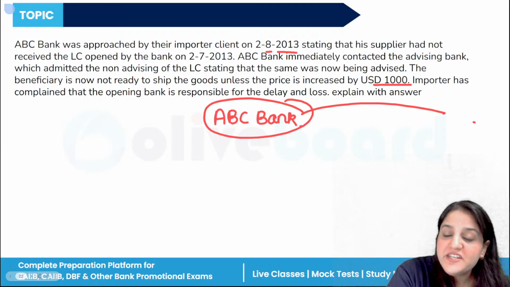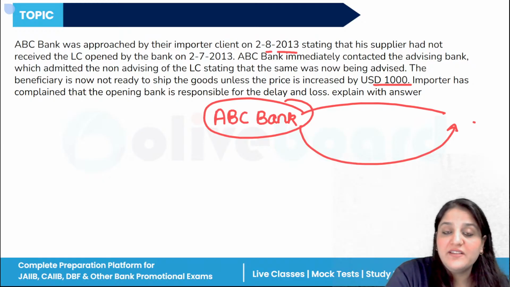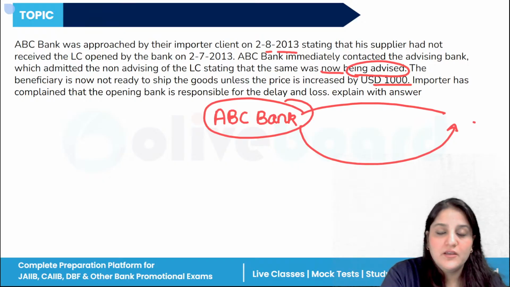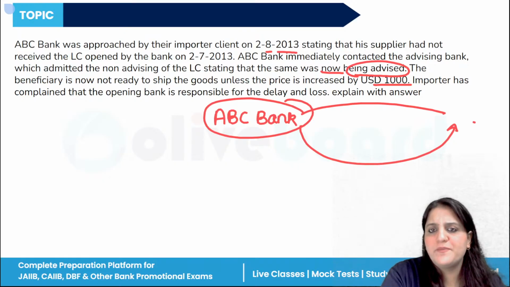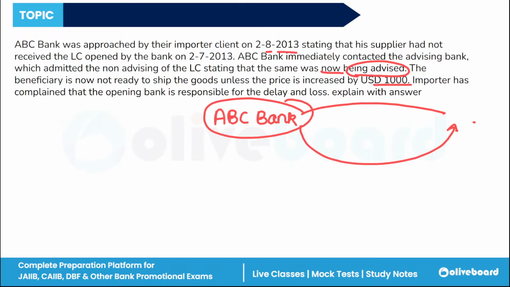ABC Bank immediately contacted the advising bank, which admitted the non-advising of the LC, stating that the same was now being advised. So the beneficiary is not ready to ship the goods unless the price is increased by $1,000. So in that case, the importer is complaining. So what actions are taken, or how can we deal with this situation?